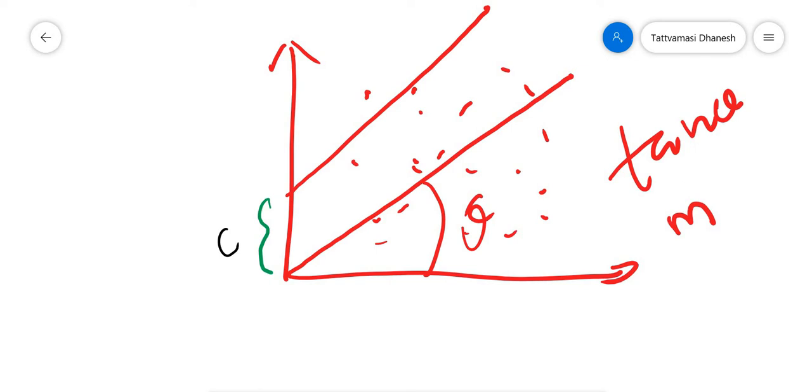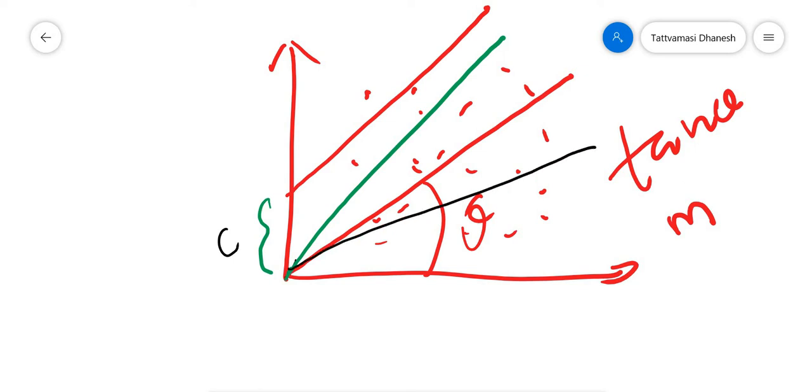When you vary theta, the model can be like this, or like this. So you can find the best fit model by varying theta and the y-intercept as well. When you change the y-intercept to 0, your model will be the green line like this. You can even have a negative y-intercept, and then your model will be like this.